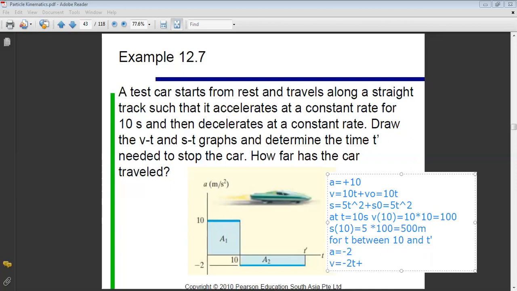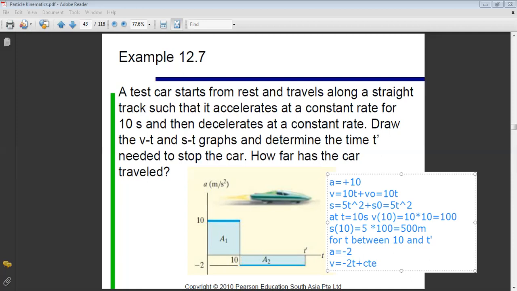First, pay attention to something. Here, when the phase started, t was not equal to 0, and v was not equal to 0. So I will put minus 2t plus a certain constant, and I should find the value of this constant.